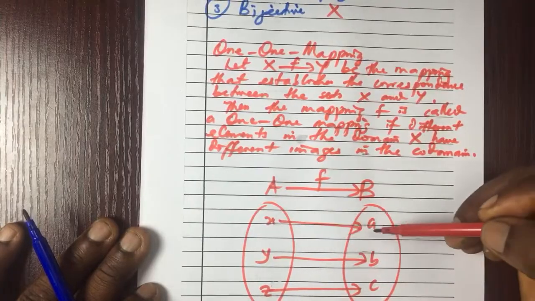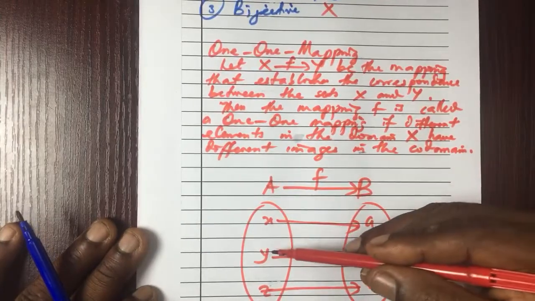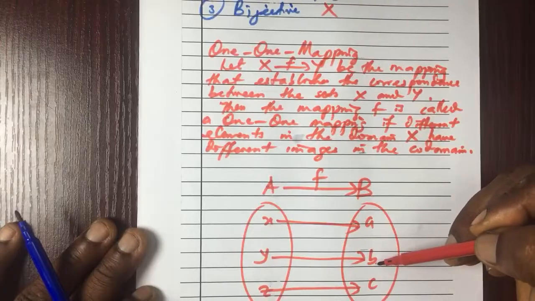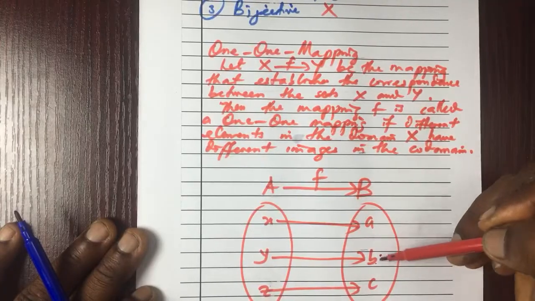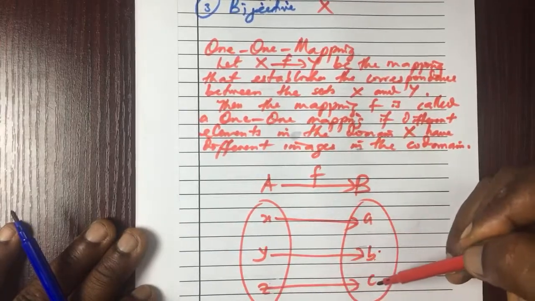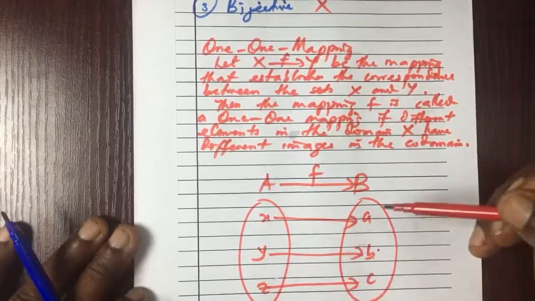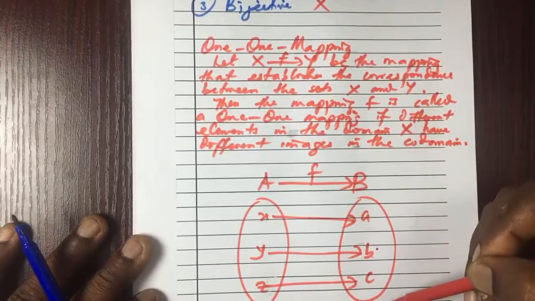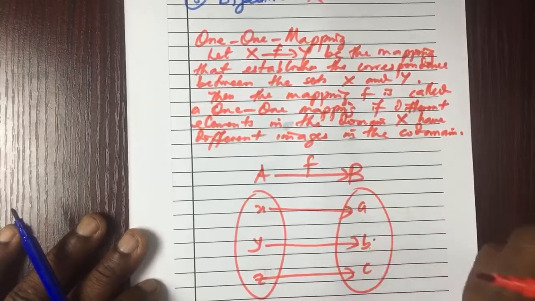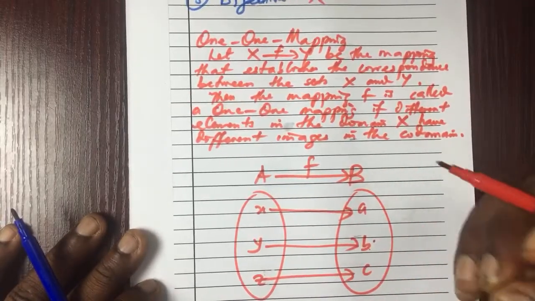So X has its own image, Y has its own image, and Z has its own image. Every element of the domain has a different image in the codomain. This kind of mapping is called a one-to-one mapping.